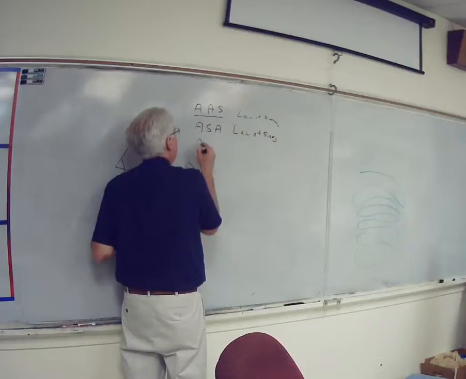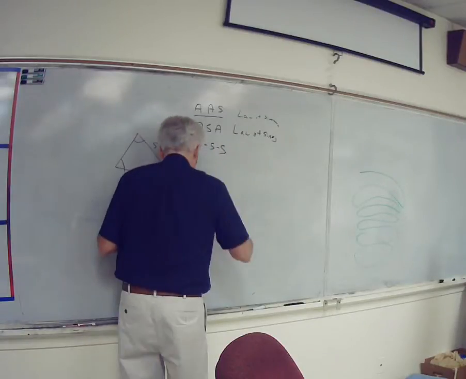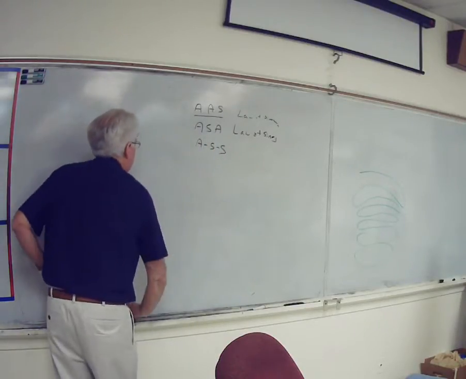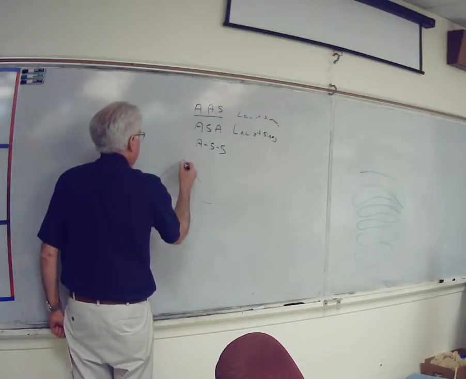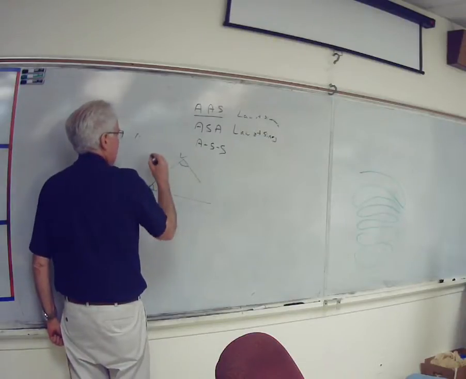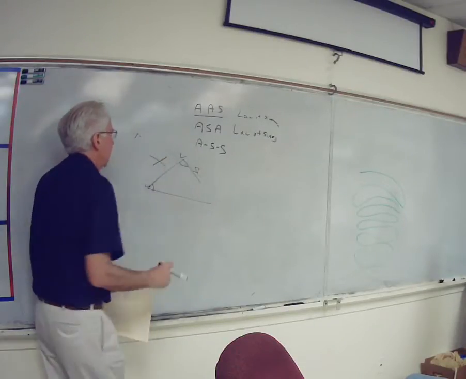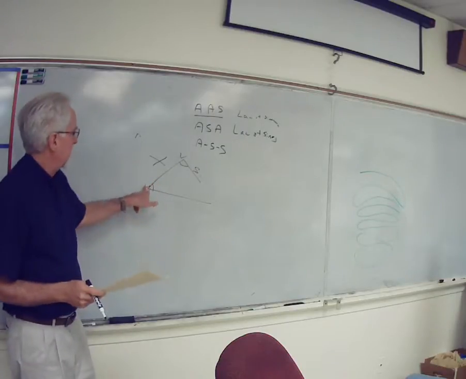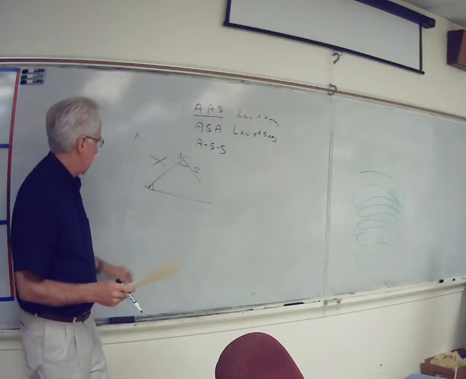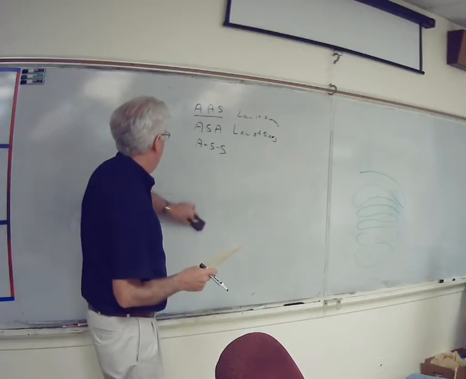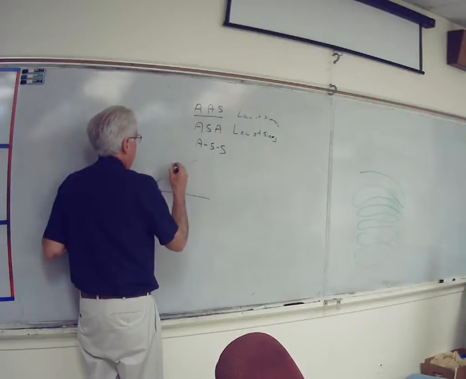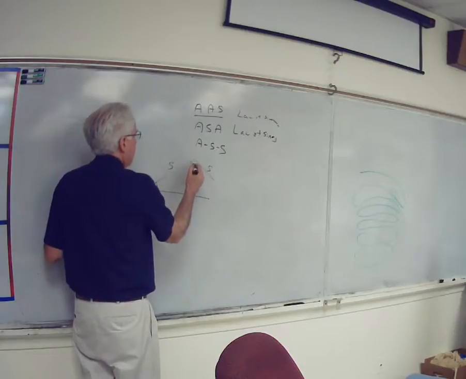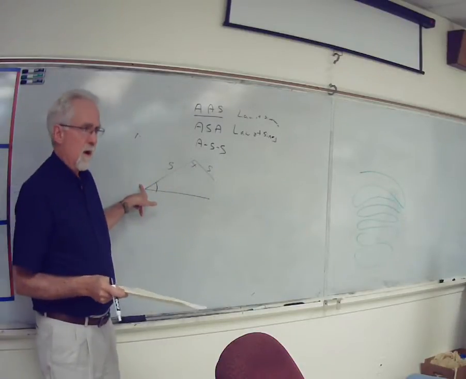If I have angle, side, side, where I have this angle, this side, and this side, but I don't have this angle, is this easy or hard?